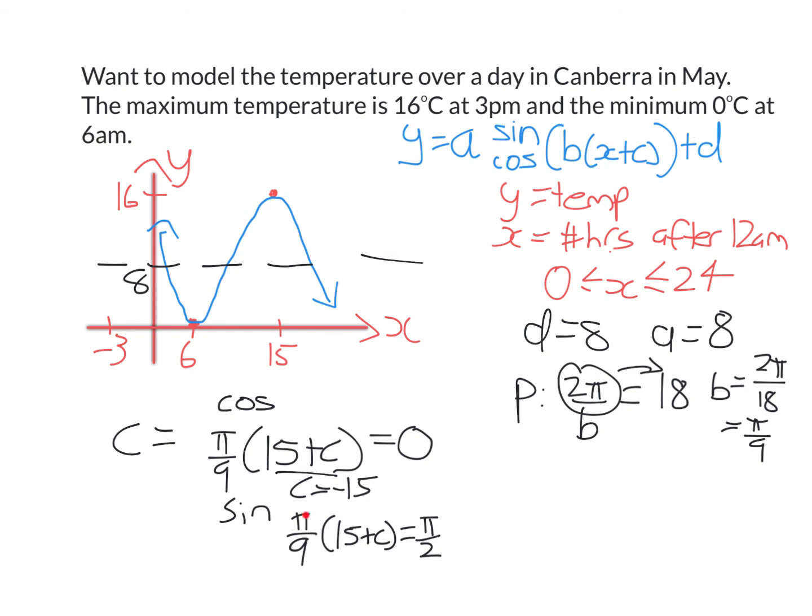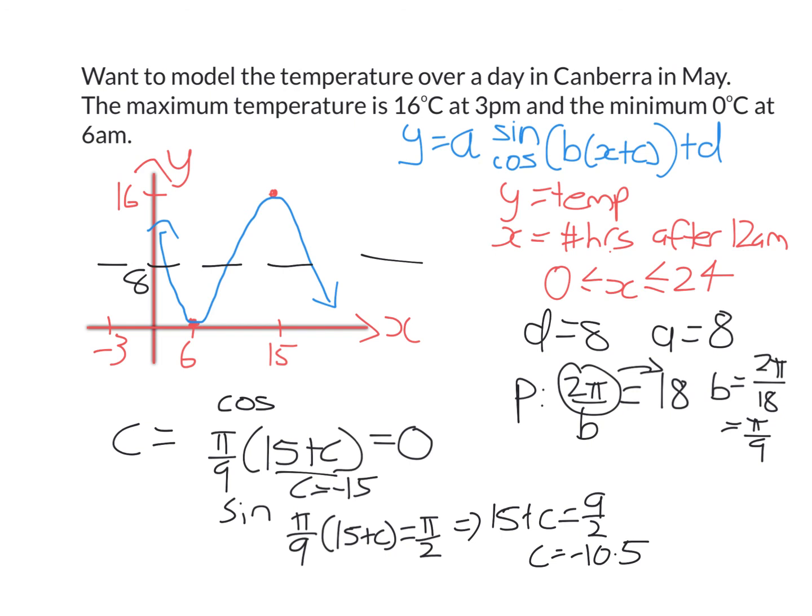So solving this equation, I'm going to divide each side by pi over 9. And what I actually get is 15 plus C equals 9 over 2. So I simply subtract 15 from both sides, and I get C equals -10.5. So that's the value C has to be if it's a sine graph to guarantee that the peak will be at x equals 15.